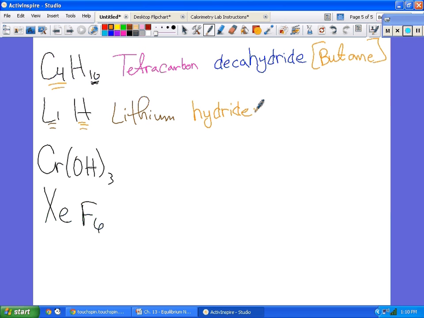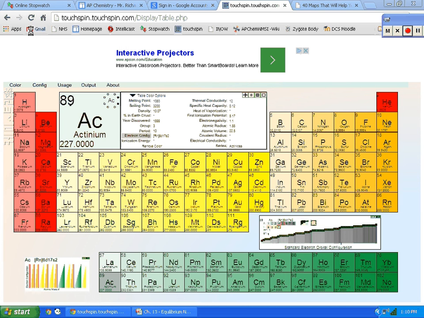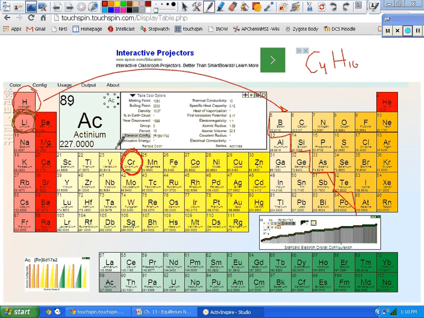The next one. What is Cr? Chromium. Very good. Is chromium a metal? Is it a transition metal? Yes. Now let's look. Everybody look. Chromium is right here. Is it one of our exceptions? Nope. So we need a Roman numeral. How do we get that? Okay.